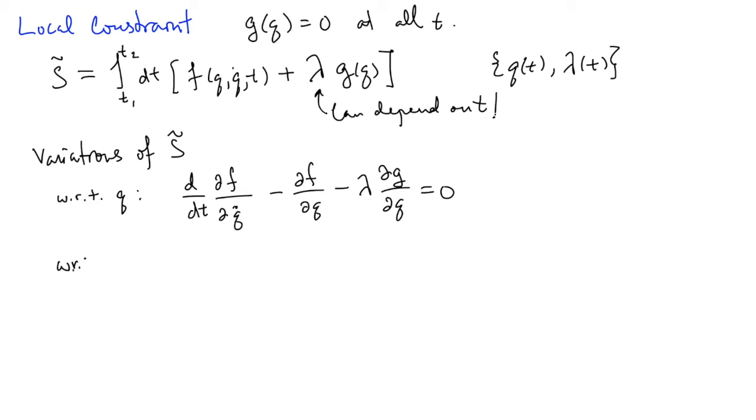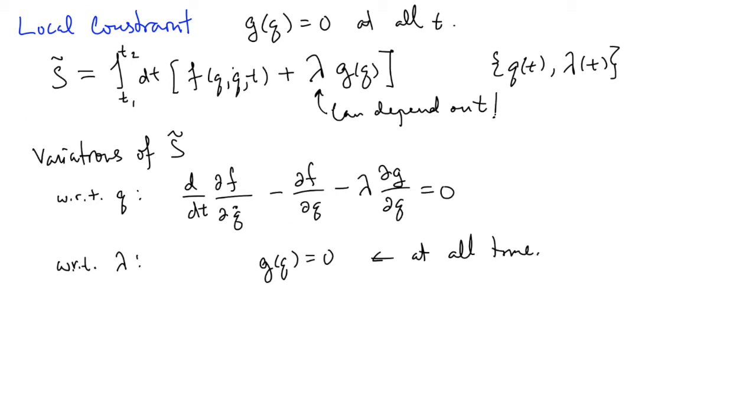And then with respect to lambda, and this is going to look very much like another Euler-Lagrange equation, except we do not allow g to depend on q dot. So that means that we just have one term, and that's going to be our constraints. And again, this is at all time.